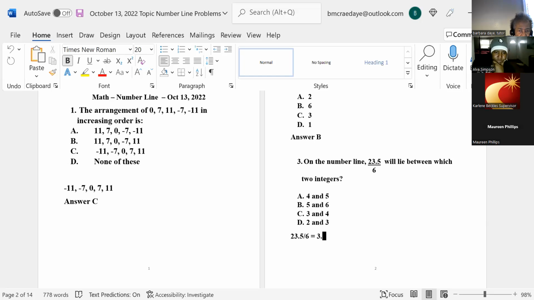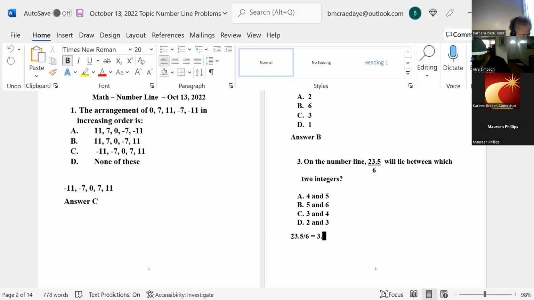Maureen, what did you get? 23.5 divided by 6, Maureen. What's that equal to? You can use your calculator. Use your calculator.